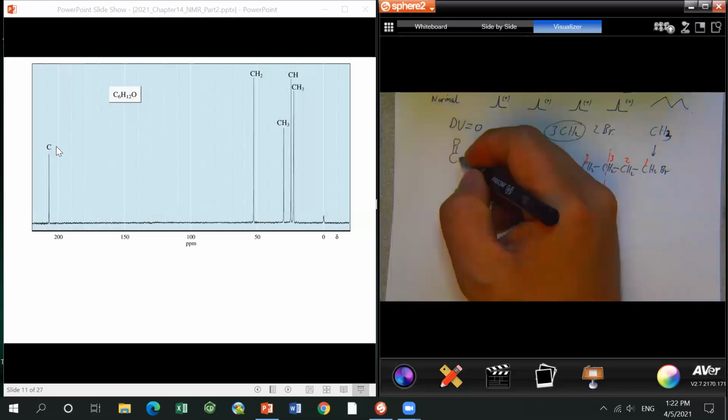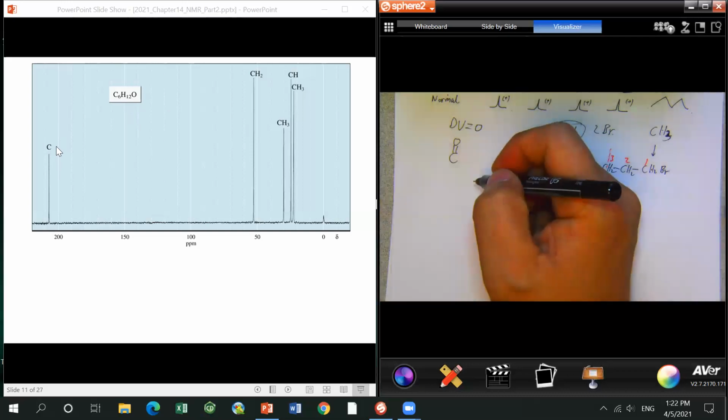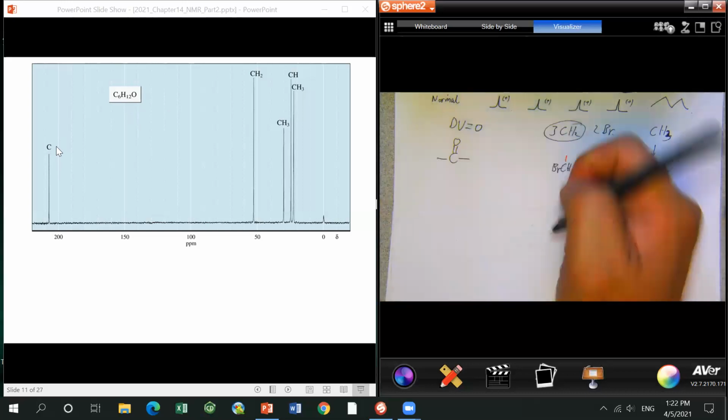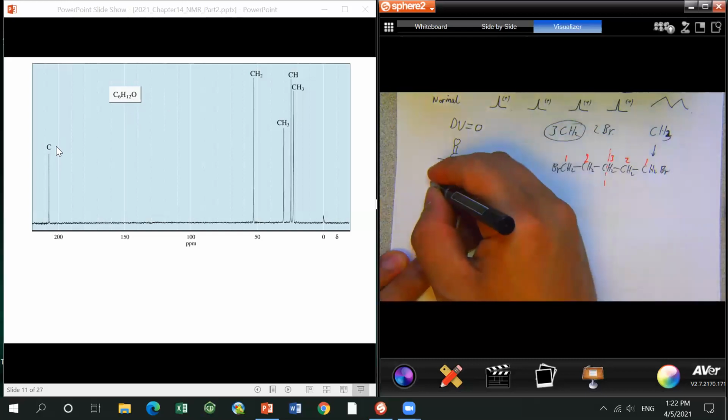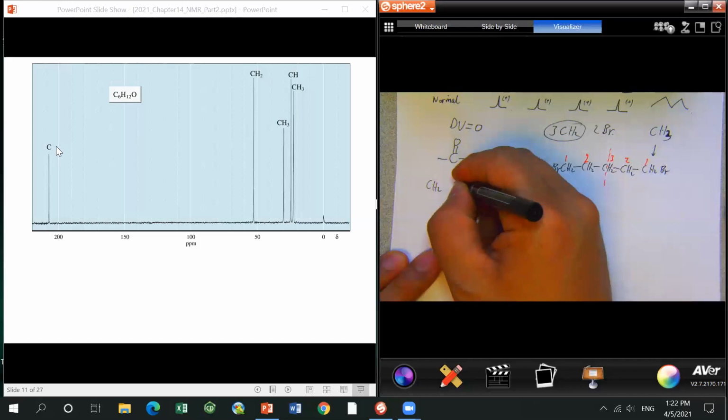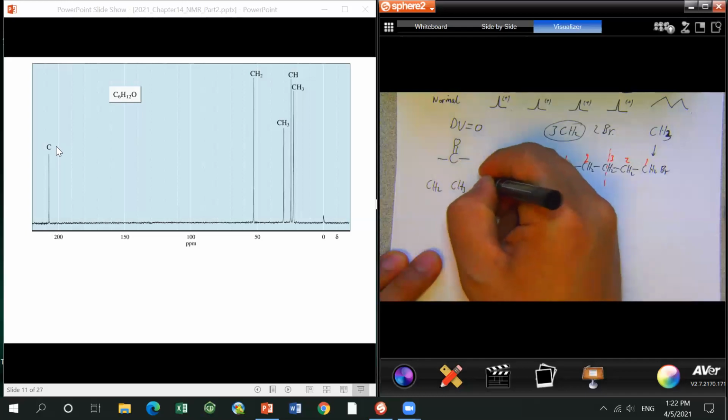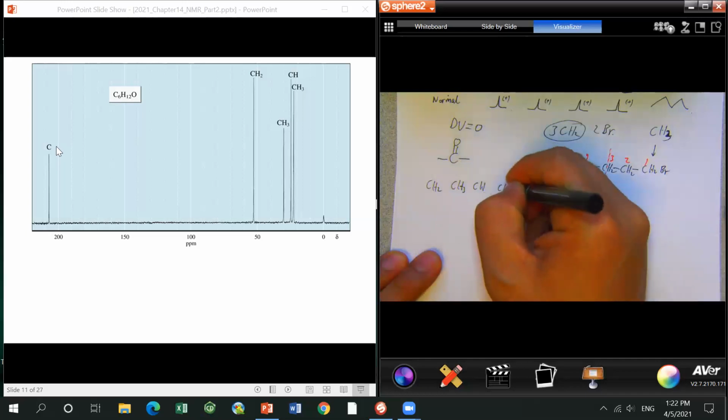An aldehyde has 1 hydrogen attached, so that means ketone. That's the first fragment. Then the second, we have CH2, CH3, CH.